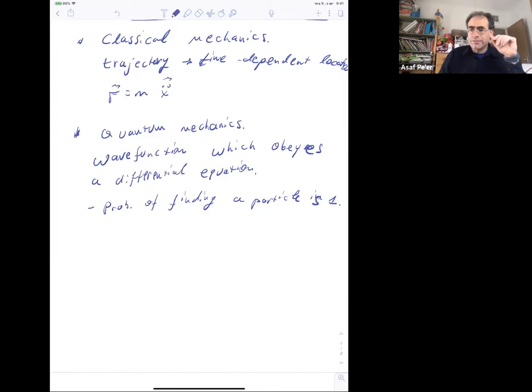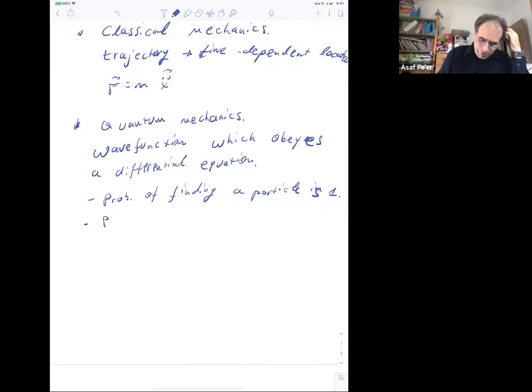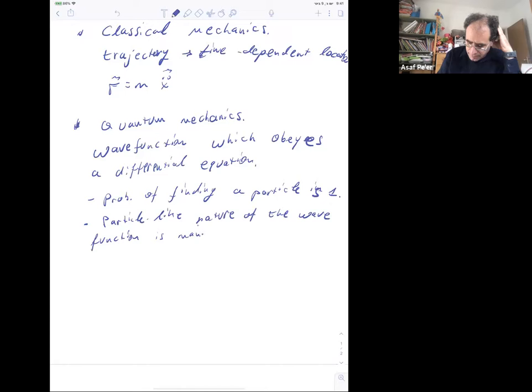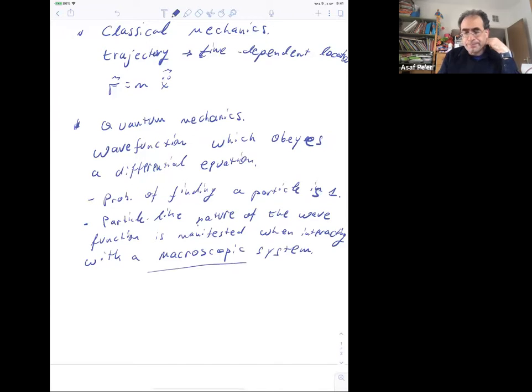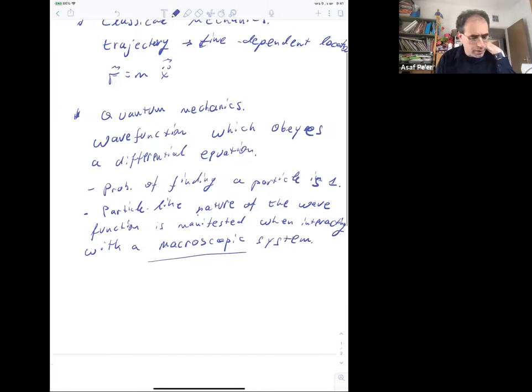But only then. So the particle-like nature of the wave function is manifested when interacting with a macroscopic system. The measuring device is always something macroscopic.